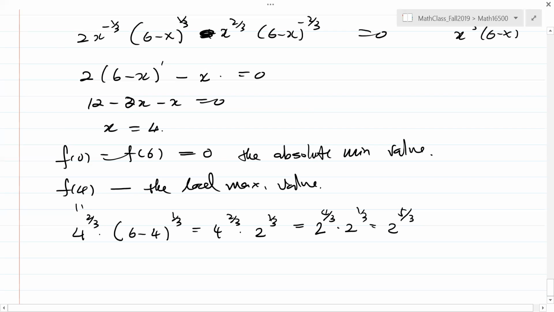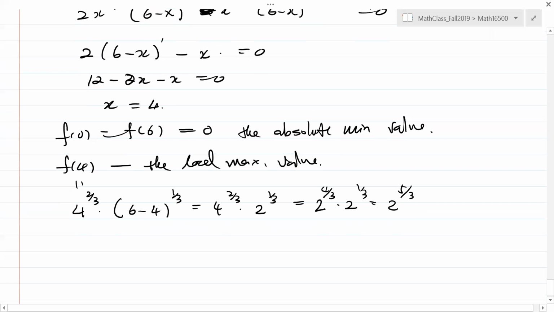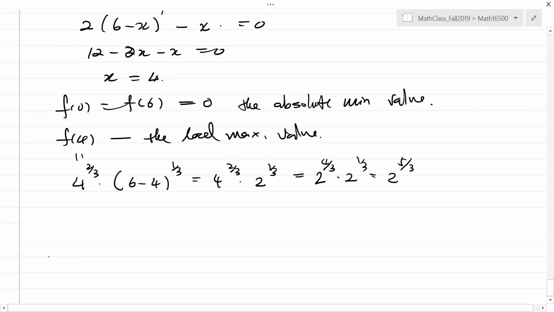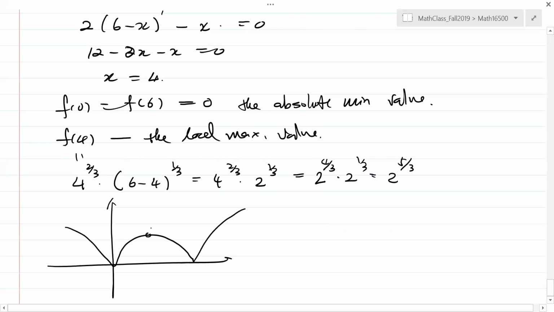Oh, let me check what's going on here. 3 over 2. So what do I have to do? We look at the picture again. It looks like that, right? And we got the local maximum value of the function.